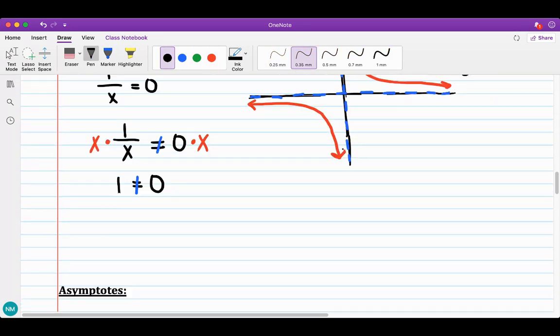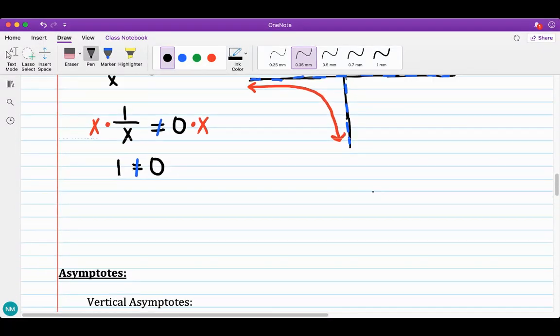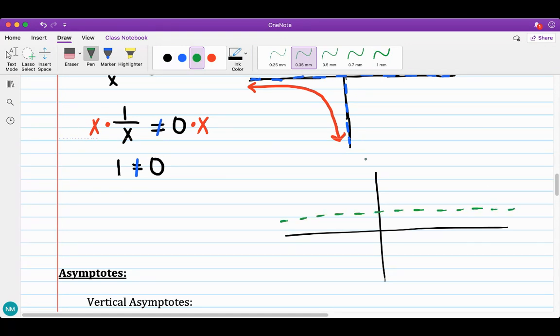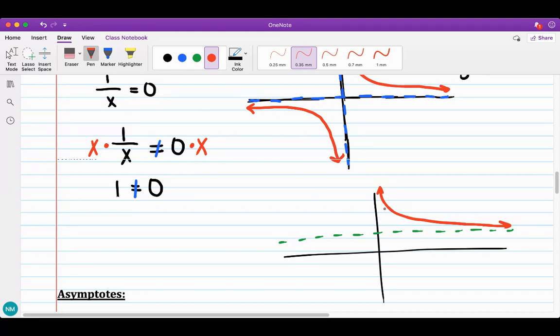When we had an exponential function, we would have a horizontal asymptote and my function would look something like that. It looks similar to this. But what's important here is that with exponential functions, there were no vertical asymptotes. It was just a horizontal asymptote.